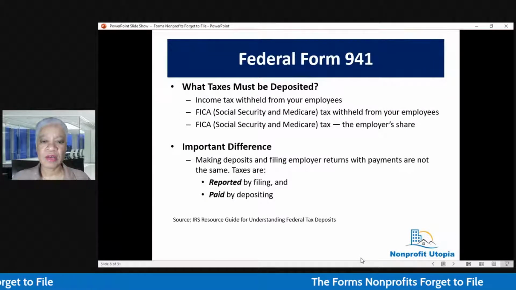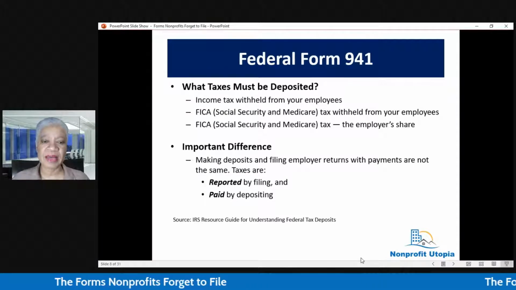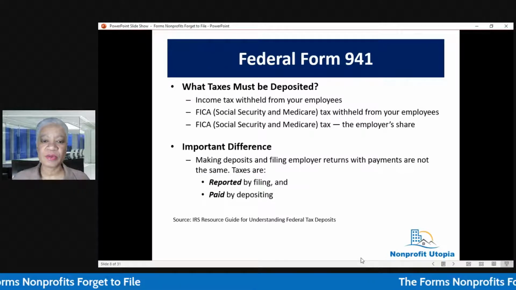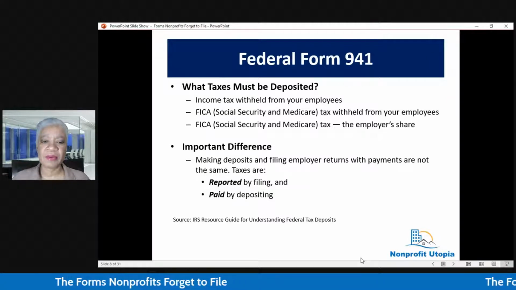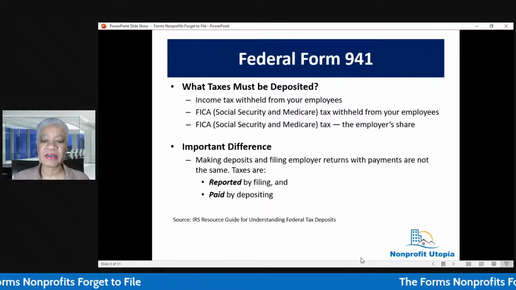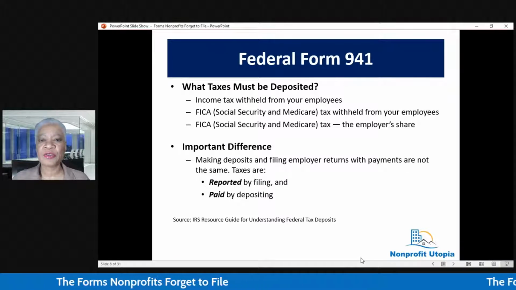All right, so again, you have to file income tax. These are the taxes that have to be deposited. The income tax that's withheld from your employees, and then you also have to have the Social Security and Medicare tax withheld from your employees, and then the Social Security and Medicare tax, your portion.